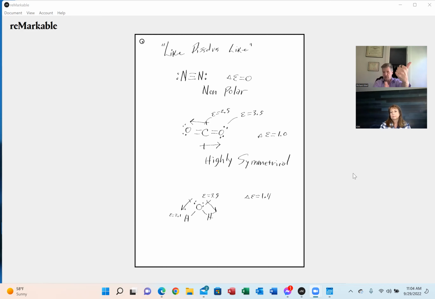So it's going to go somewhere in between the two. Now we have a polar molecule with a net polarity that looks like this. So carbon dioxide is nonpolar. This is not highly symmetrical, so water is polar.